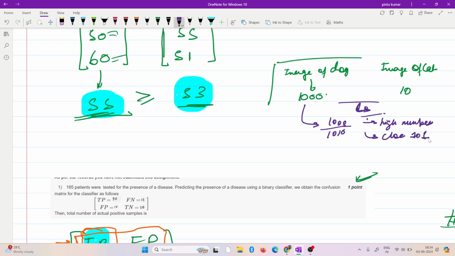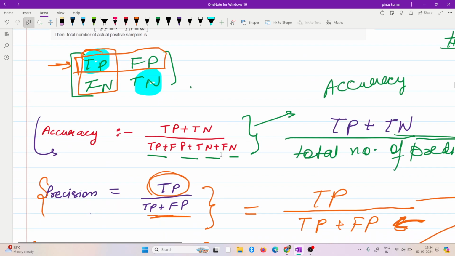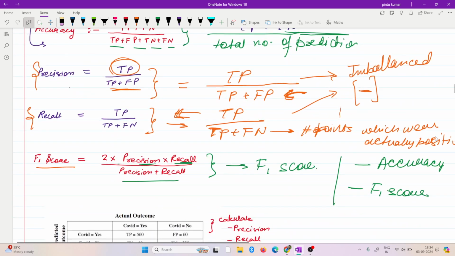So to escape from this kind of situation, we defined the F1 score. If you know a data set is balanced, you should calculate accuracy. If the data set is imbalanced, you should go for calculating the F1 score.